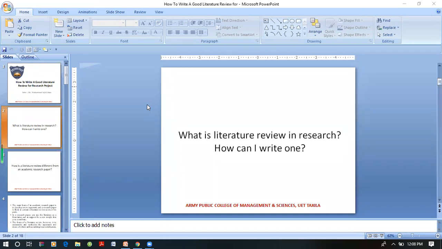So in research, the literature review is a big, complete section, without which we are not eligible to know the idea of the research or the project you are working on.